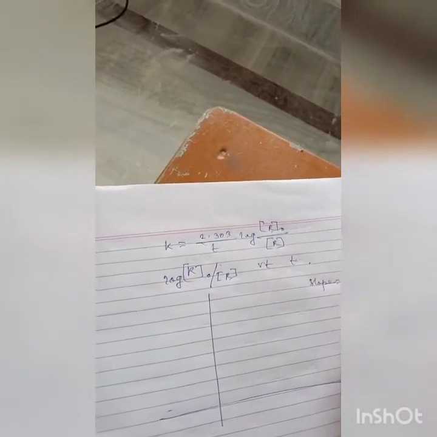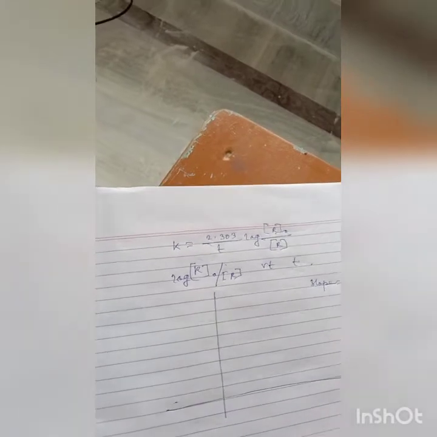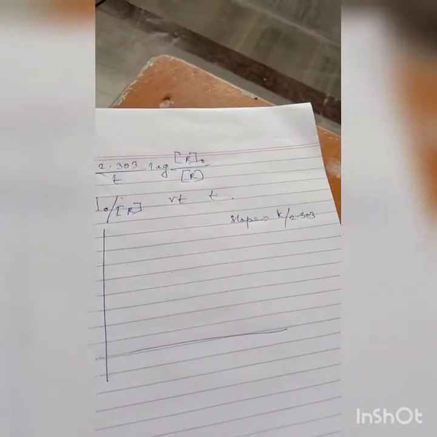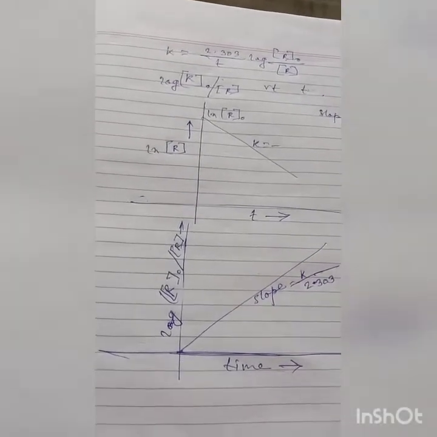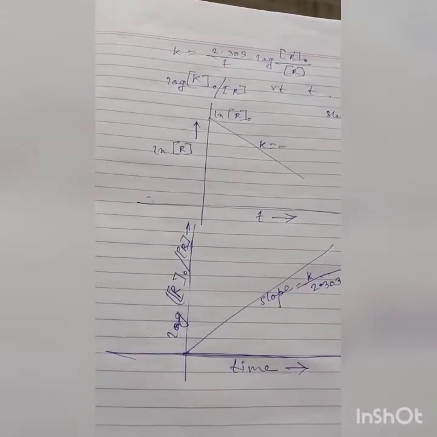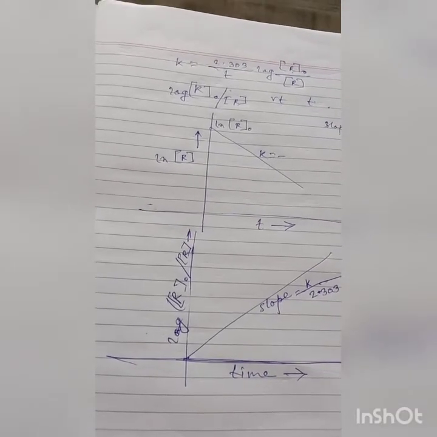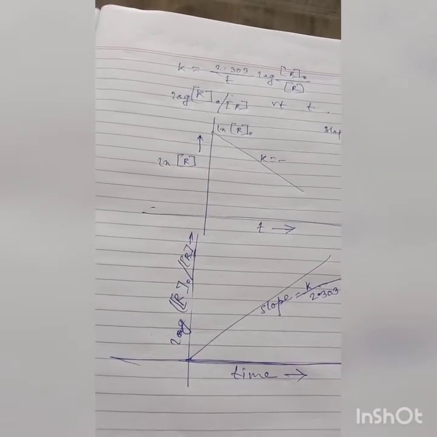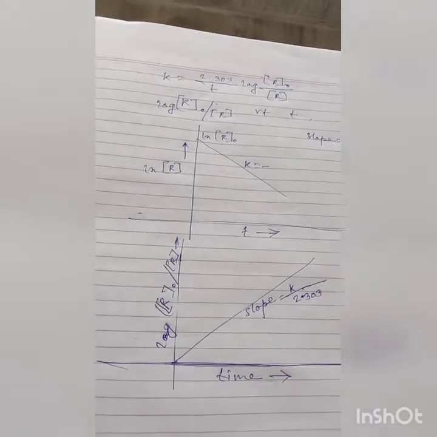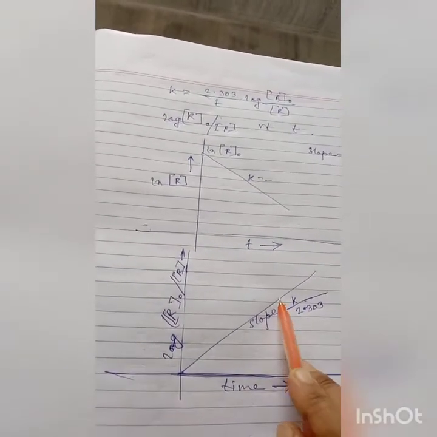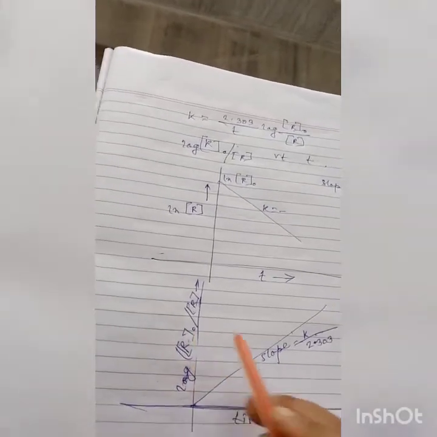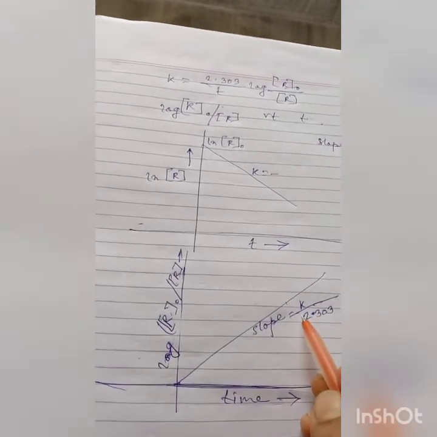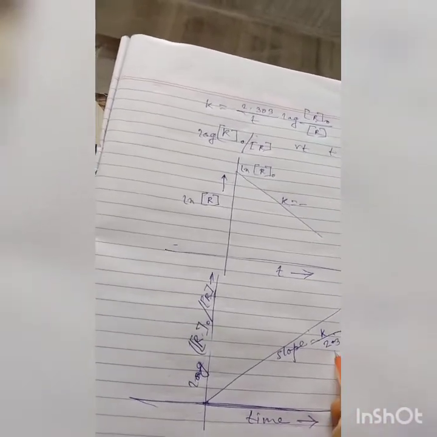Our slope will be k by 2.303. Students, if we plot a graph between log R0 by R versus t, we get the slope equal to k by 2.303.